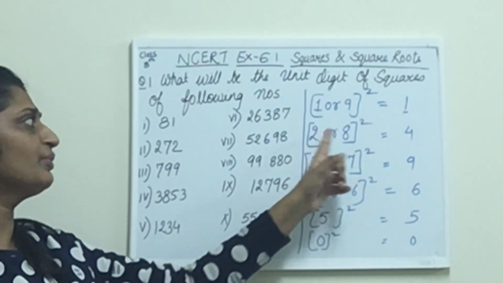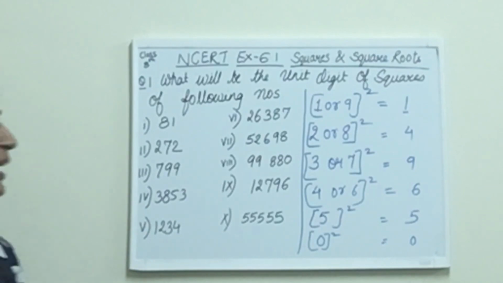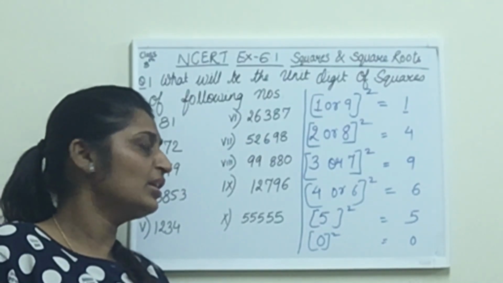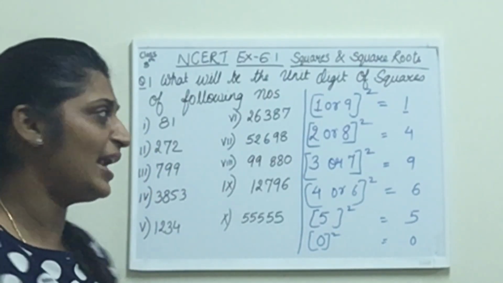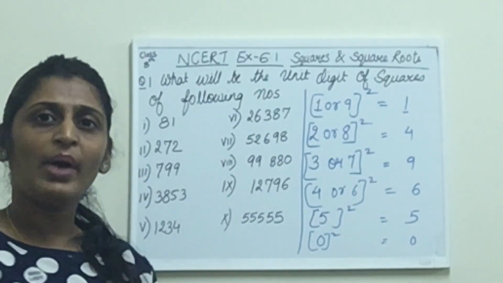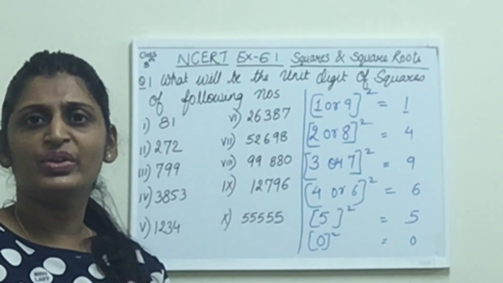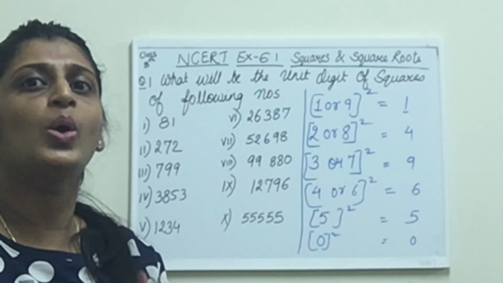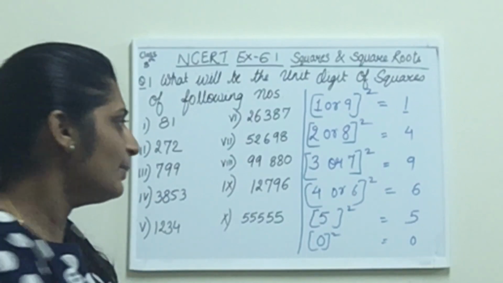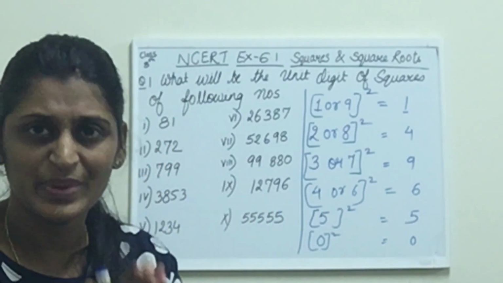Ending with 2 or 8, the square ends with 4. Ending with 3 or 7, the square ends with 9. Ending with 4 or 6, the square ends with 6. Ending with 5, the square also ends with 5. Ending with 0, the square also ends with 0.